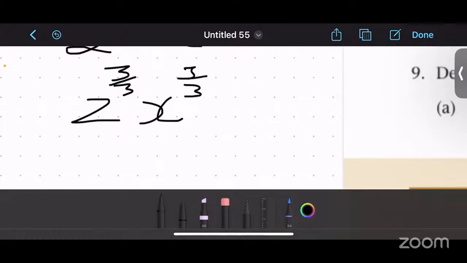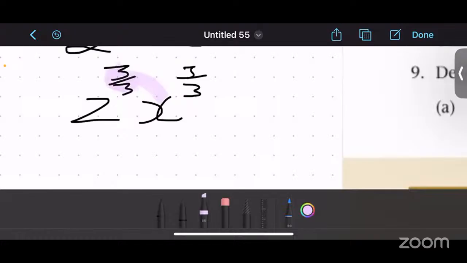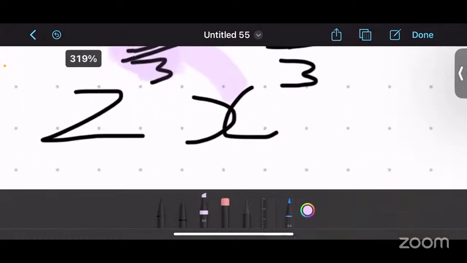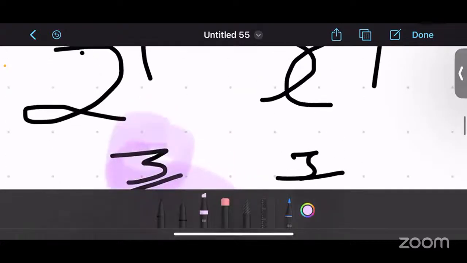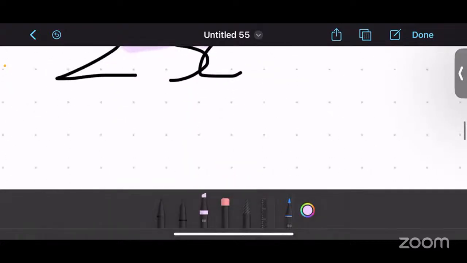Once. So that means it's 3 divided by 3, basically. That's simply what this means: how many times does this 3 go into this one over here? So it goes once.